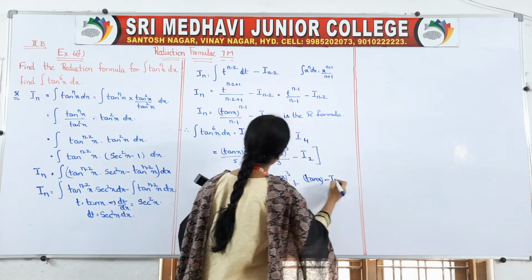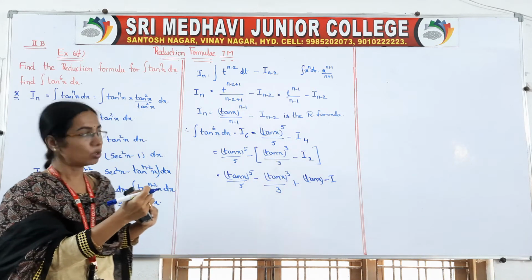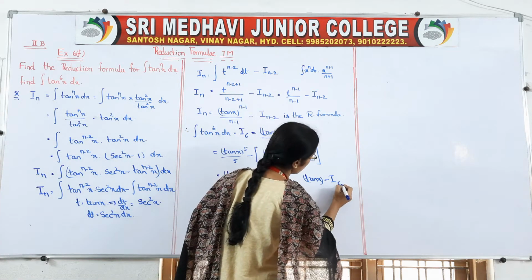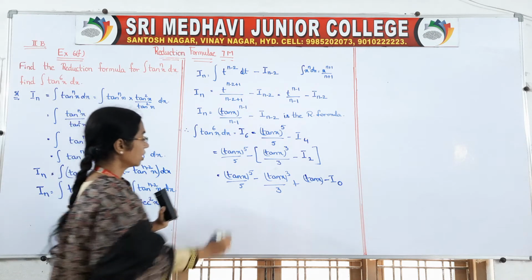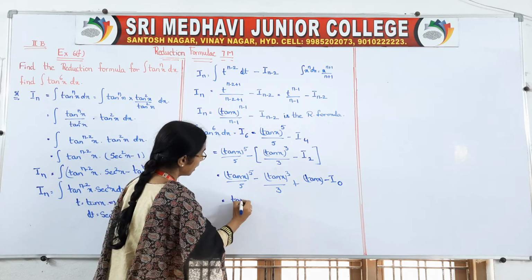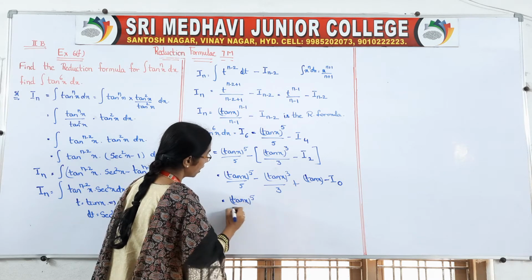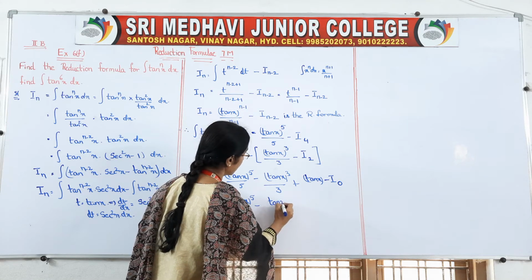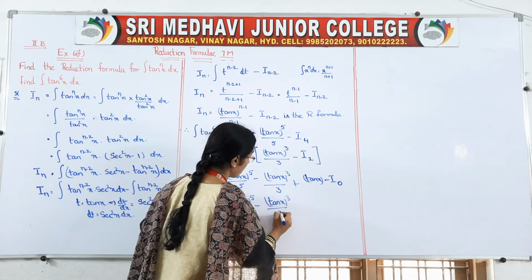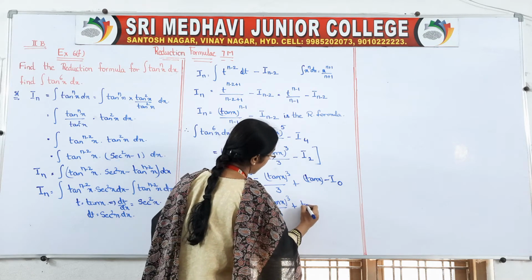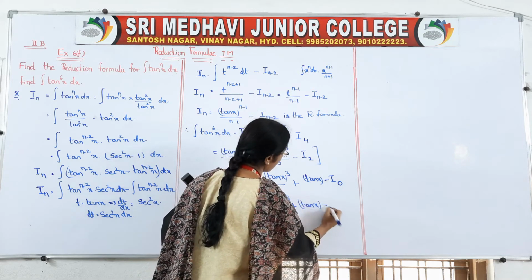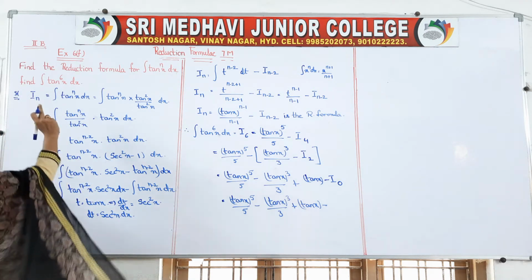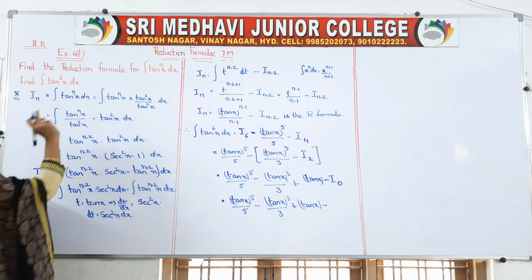Minus next I of 2 minus 2. Now your n is 2, the formula is I of n minus 2, so 2 minus 2 is 0. Okay, so now it is tan x to the power of 5 by 5 minus tan x whole cube by 3 plus tan x, next minus I_0. How will we take it? I_n is equal to integral tan to the power of nx dx, right?